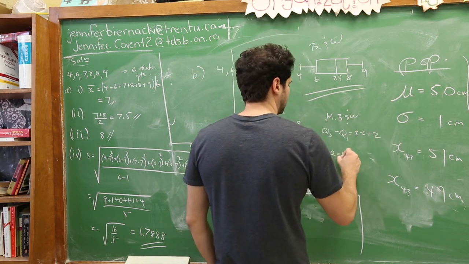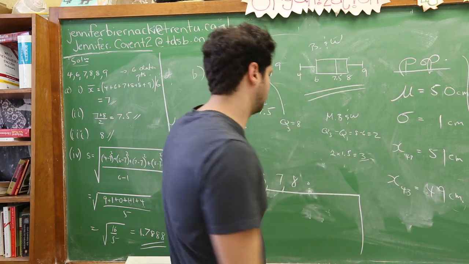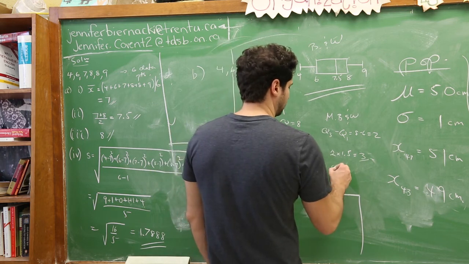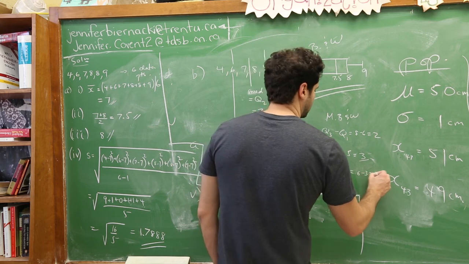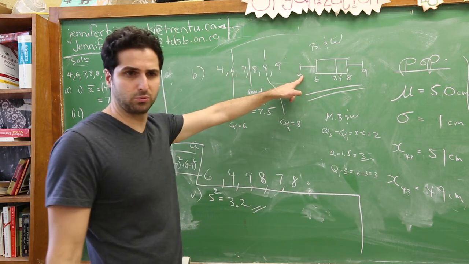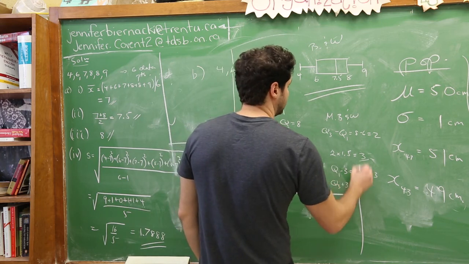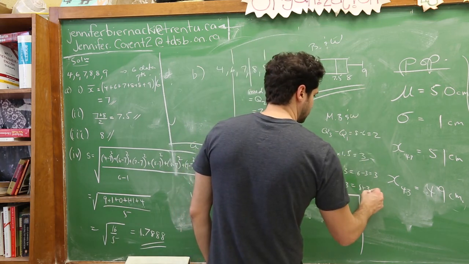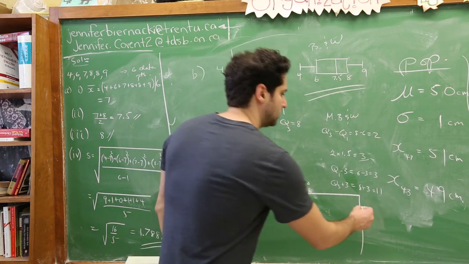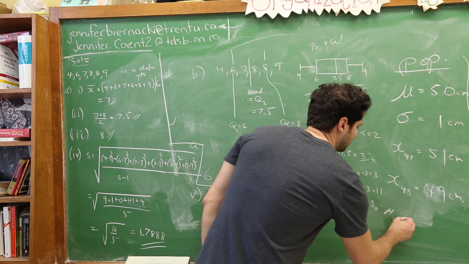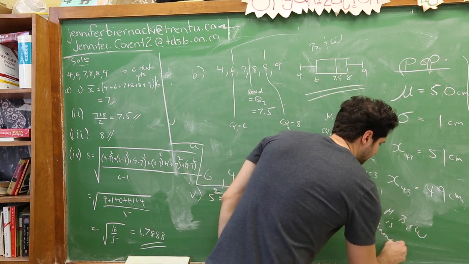If you multiply 2 by 1.5, you get 3. Q1 minus 3 is 6 minus 3, which is 3. Any data points at 3 or below? No. Q3 plus 3: Q3 is 8, and 3 is 11. Any data points at 11 or greater? No. So the modified box and whisker is the same.